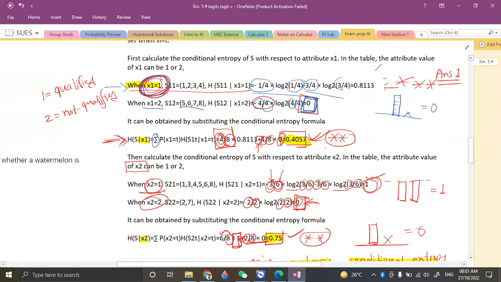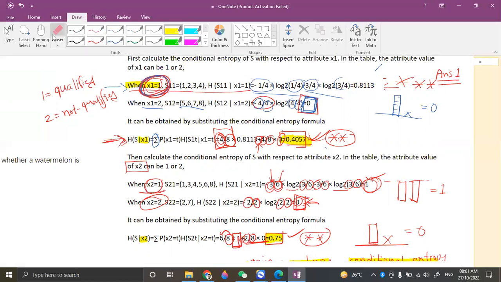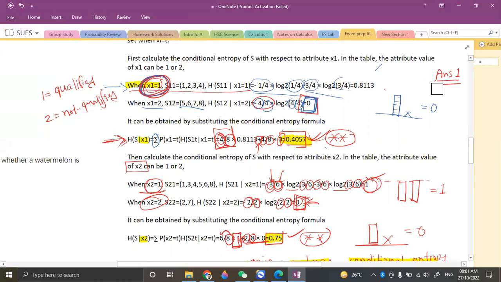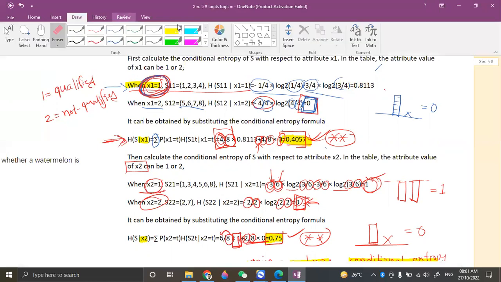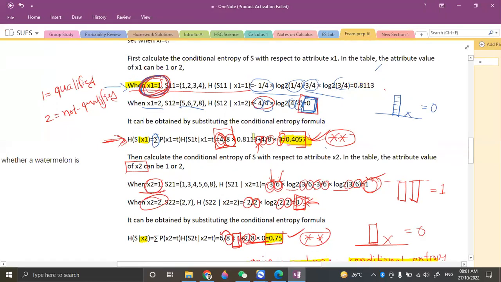0.4057, this one. So the first conditional entropy is here. I accidentally marked this one here; this is not the thing here, okay? So the first conditional entropy is for the attribute x1, right?